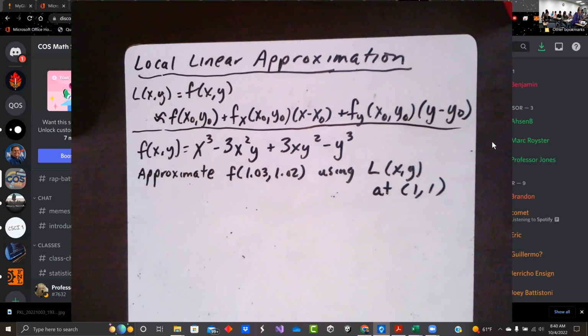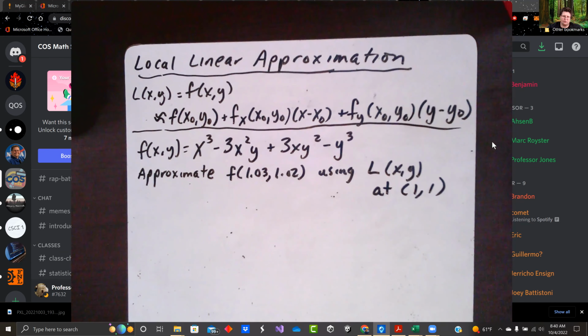This is the equation I learned of linear approximation, and this format makes it a linear approximation.